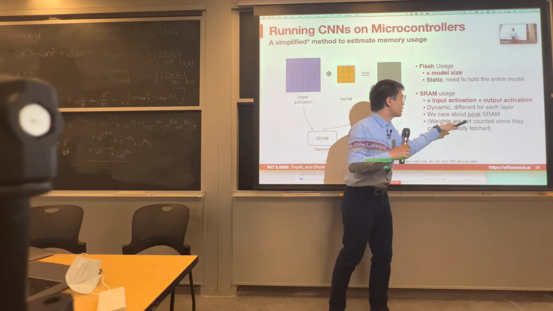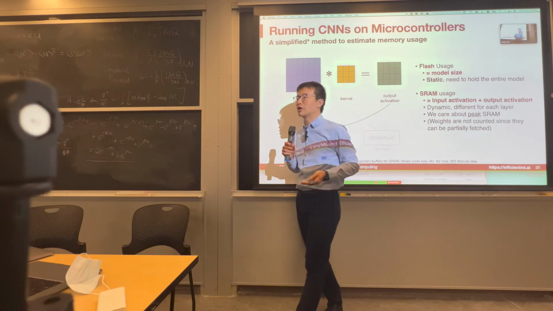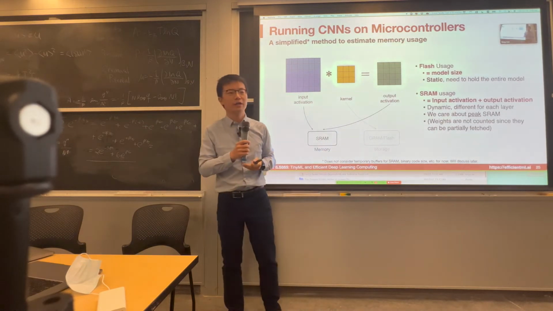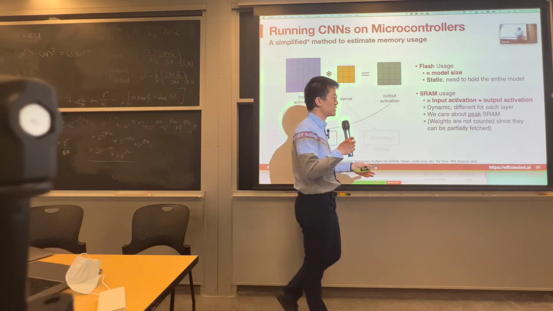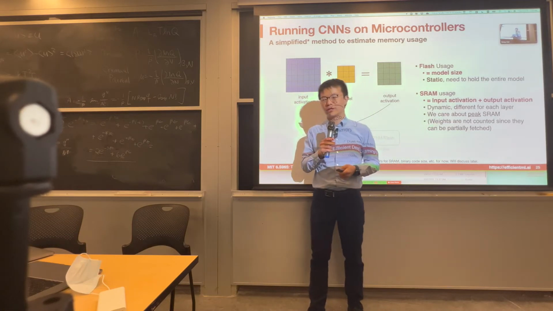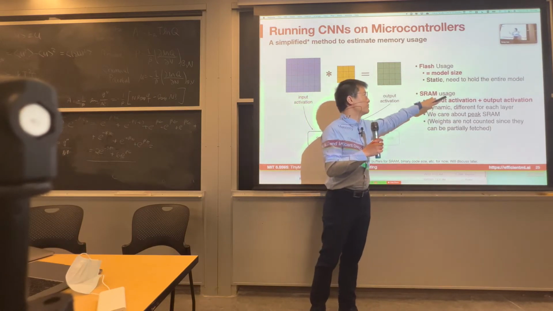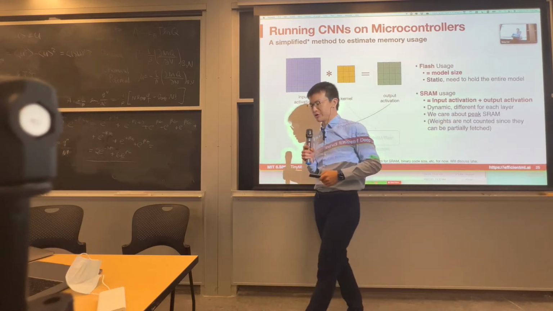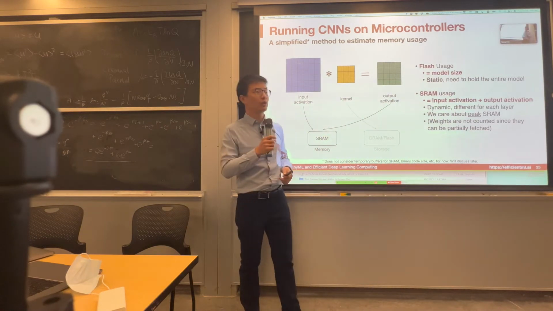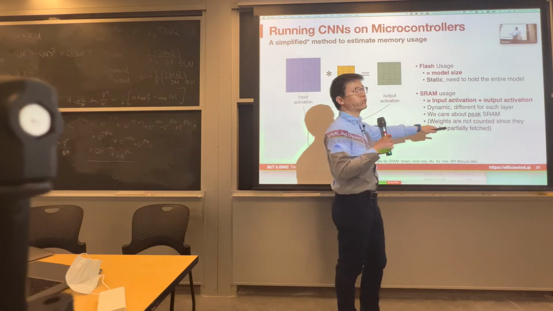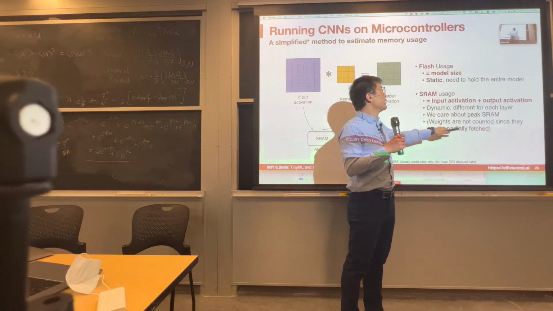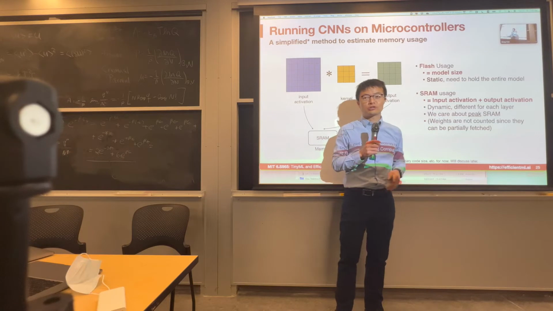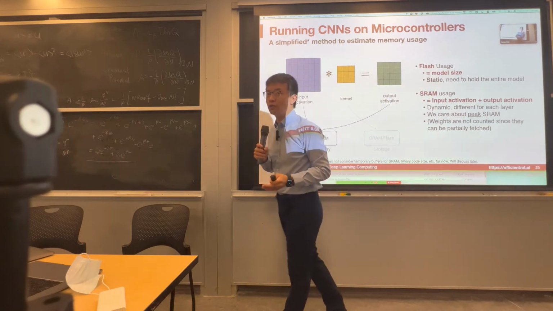Here weights are not counted since we can partially fetch the weights. For calculating layer 1, we just need to fetch the weights for layer 1. So a good approximation is that the SRAM usage is just input activation plus output activation. But in the real scenario, we also have to consider these partial weights. And for the flash storage, we also have to consider the code segment.